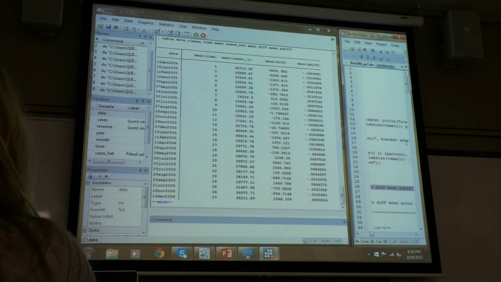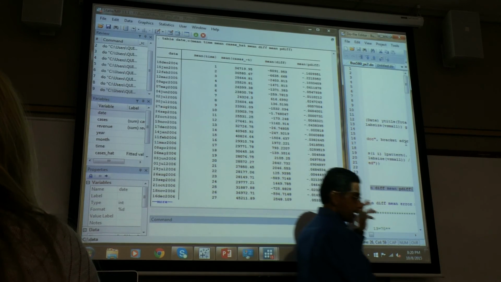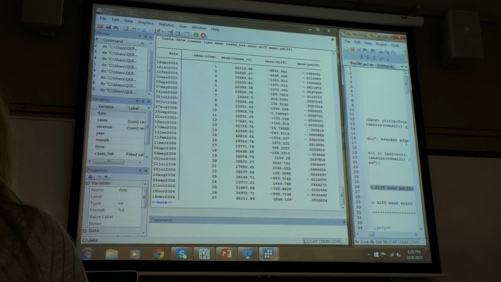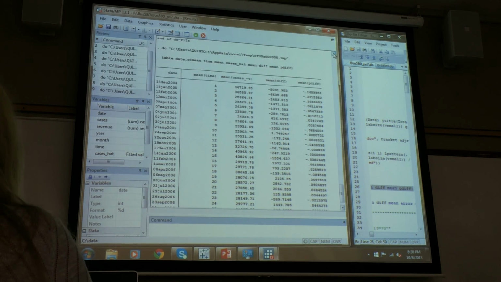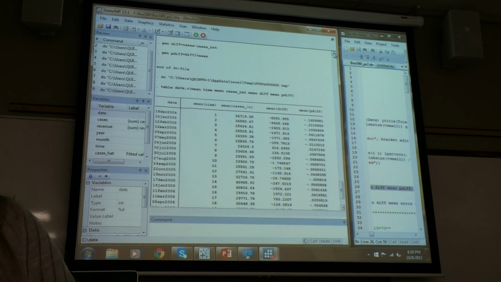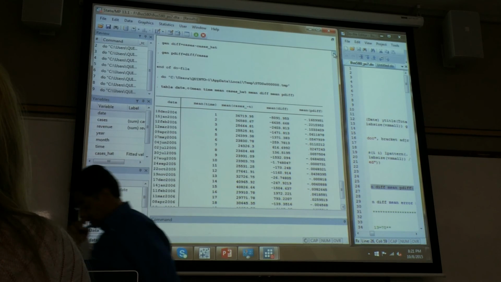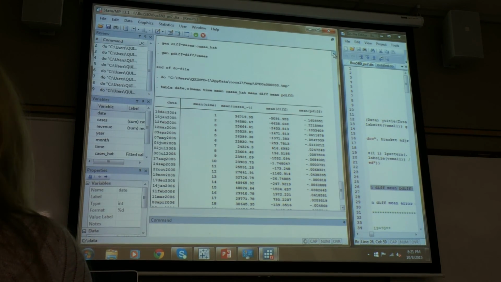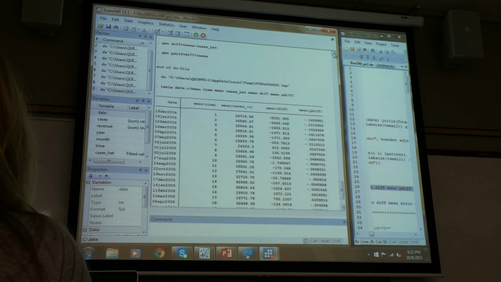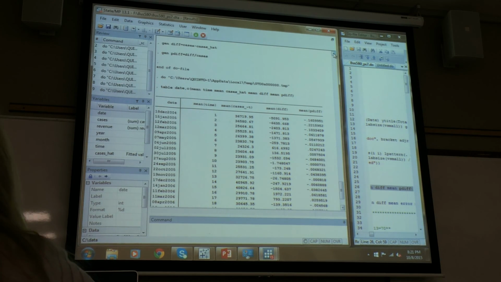And then I took the difference between actual and predicted and divided it by the actual. You can see that first generate is just taking the difference between actual cases and predicted cases. And then I took that difference and divided it by actual cases to get a percentage difference.